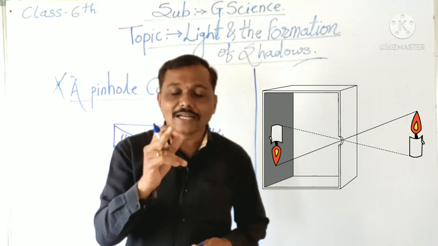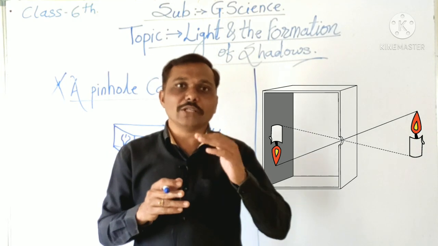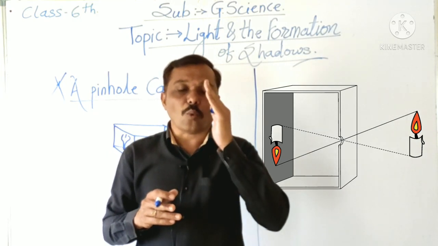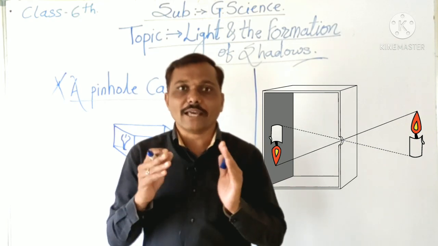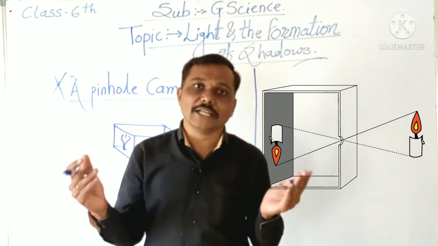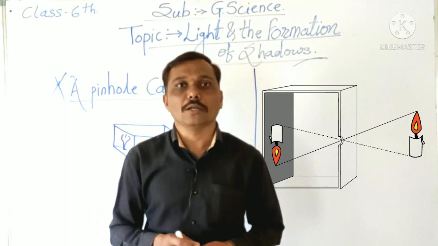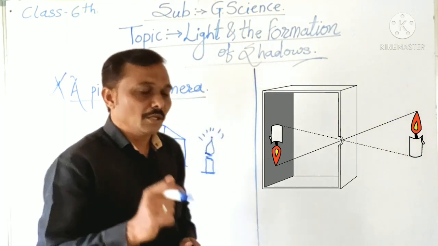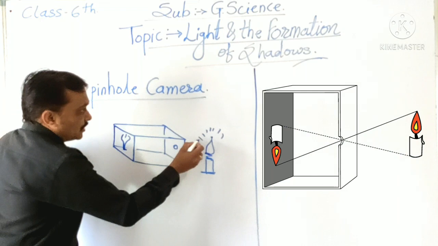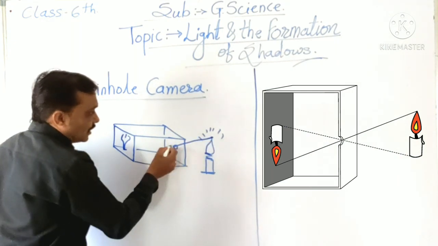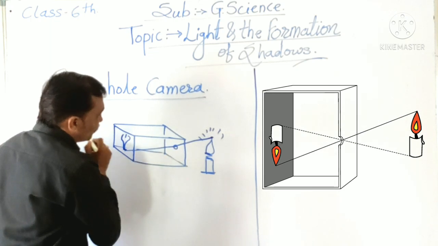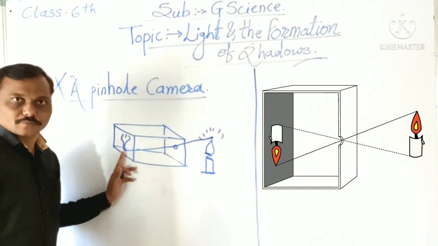Light travels from one place to another place in a straight line, and that's why we see that the flame of the candle is inverted on the diaphragm of the pinhole camera. Look at the blackboard, these rays go through the pinhole and they fall on the bottom of the diaphragm.